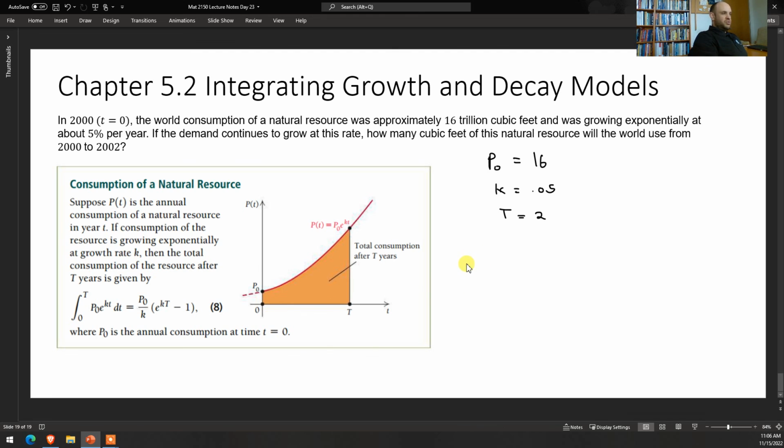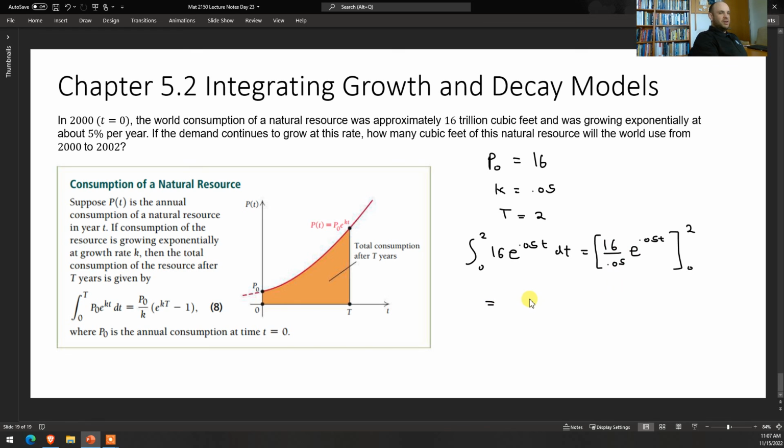Now, our total consumption will be represented by the integral from 0 to 2 of 16 e raised to the 0.05 t dt. Now we can do the integration by a u substitution. We can find that we will need a division by 0.05. We get 16 divided by 0.05 times e raised to the 0.05 t, and we evaluate this in between 0 and 2.